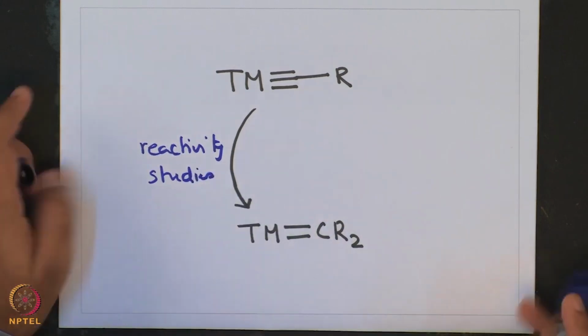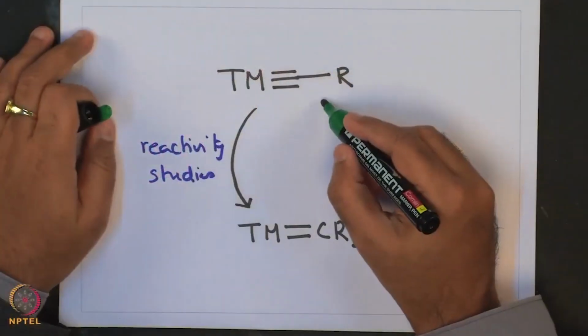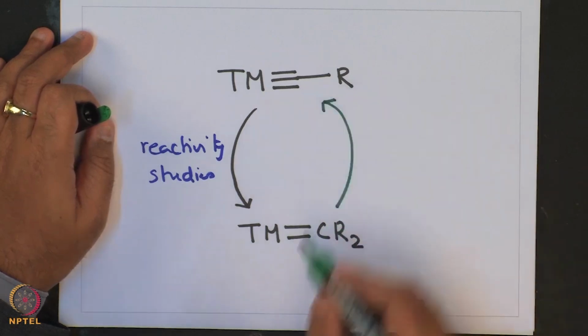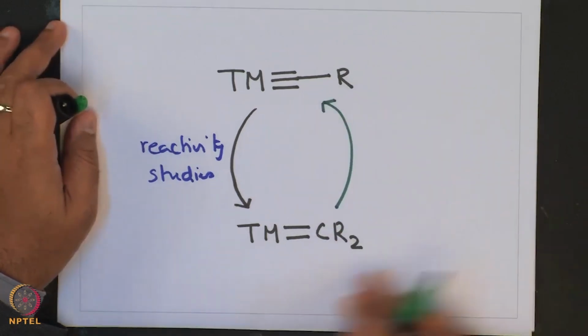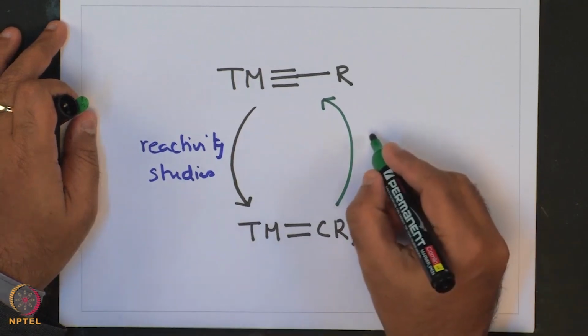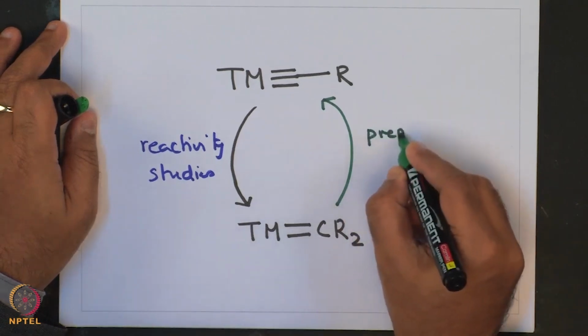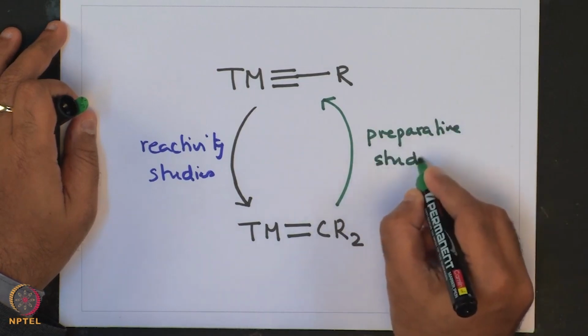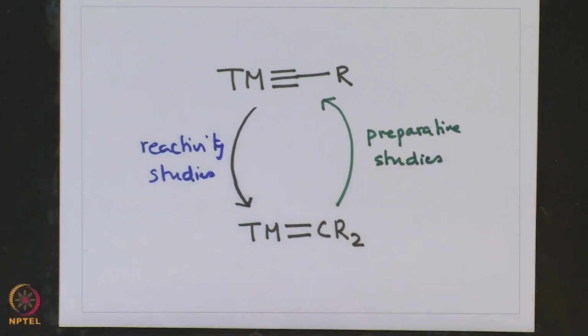In our previous lecture, I would like to note that the formation of carbene complexes from the reactivity studies is akin to going in the reverse direction, where we have prepared the transition metal carbyne complexes through various methods from the corresponding transition metal carbene complexes. So, these were preparative studies of transition metal carbyne complexes.